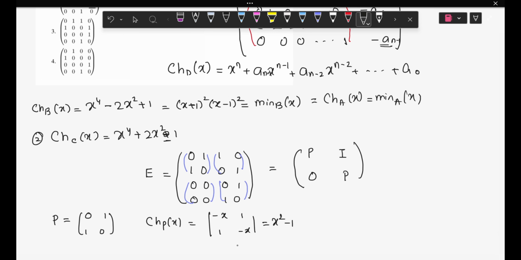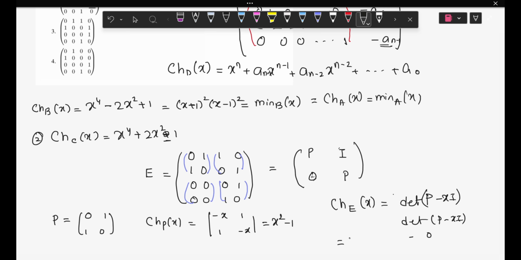Now the characteristic polynomial of E is the determinant of P minus xI times the determinant of P minus xI, the other block being 0.